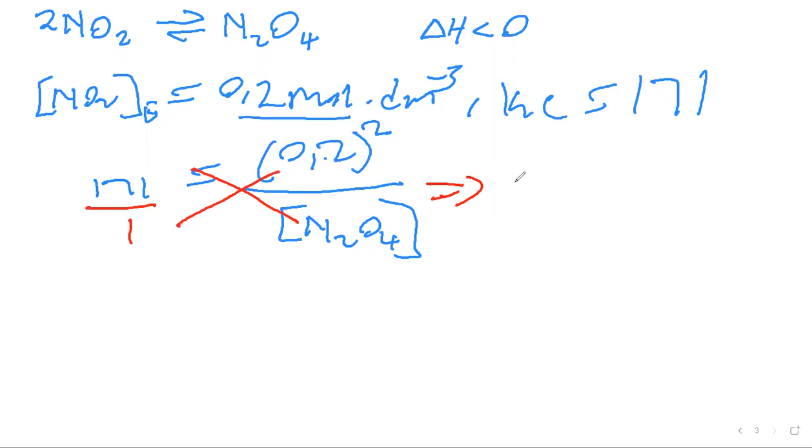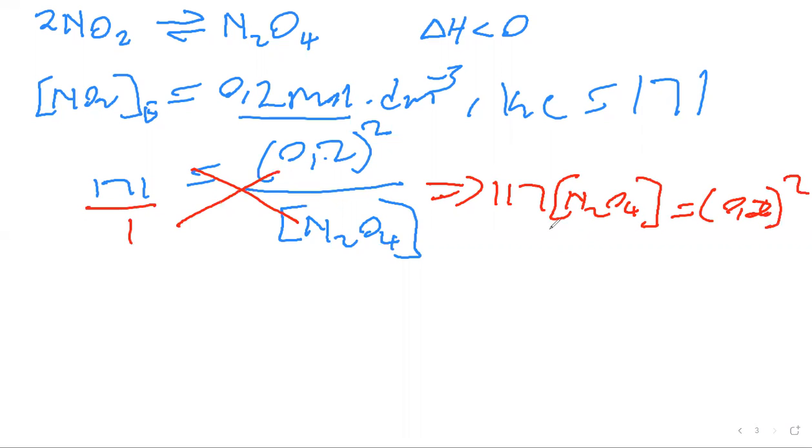this will be 171 times the concentration of N2O4, which is equal to 0.2 squared. So you divide by 171. 171 cancels.